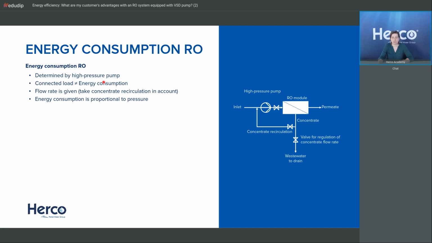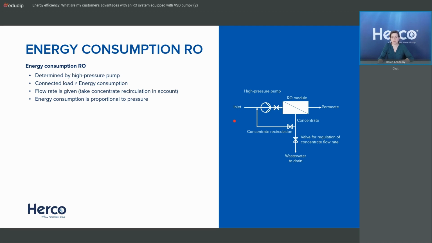What I want to stress before we go to energy consumption: the connected load, the pump rating, that's what you see in our catalog as well. That's not the consumption, it's just the connected load. It's usually higher than the consumption, not always, but usually. And this doesn't say in the first place whether two units consume more or less.